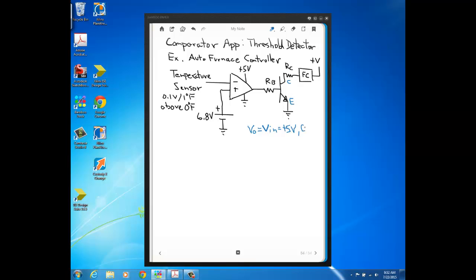Okay, so CE would be a short, and if CE is a short to ground, then there's a path for current to flow through the furnace controller and the furnace would be on. Okay, so furnace on.